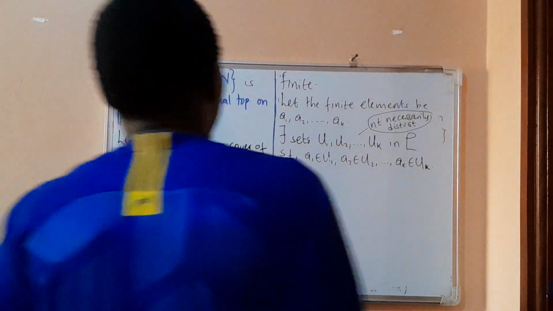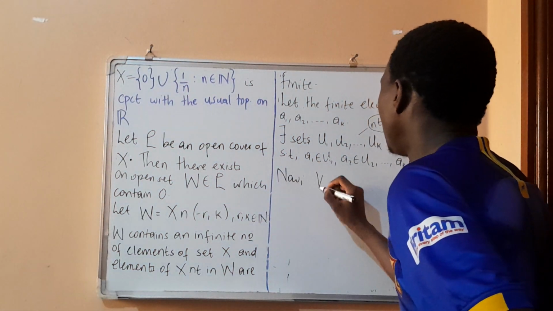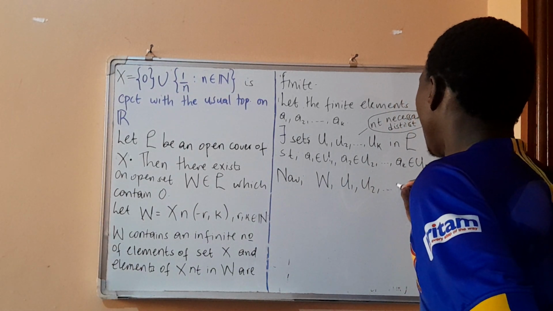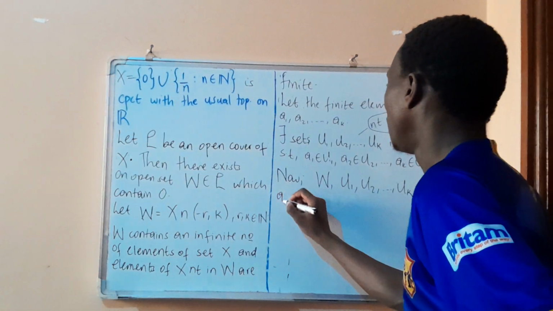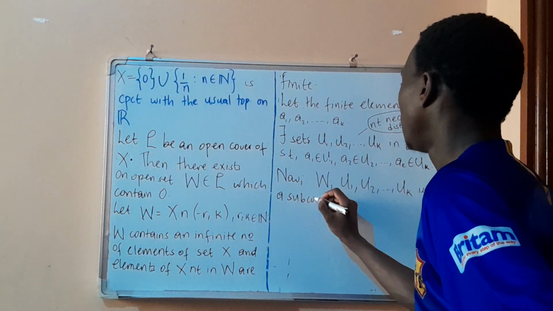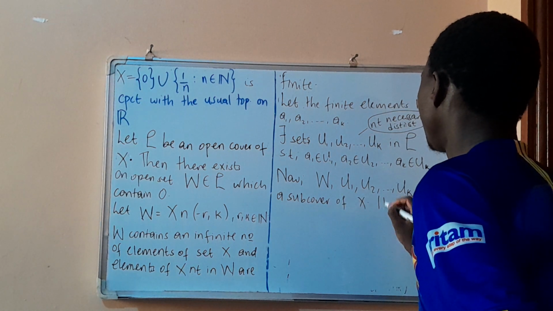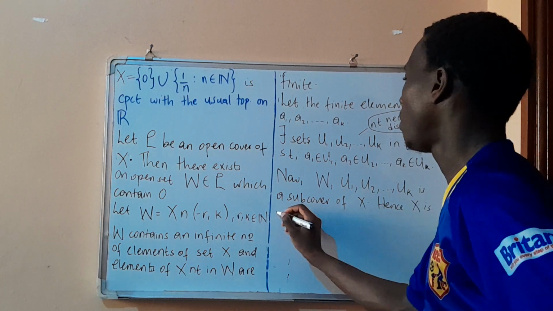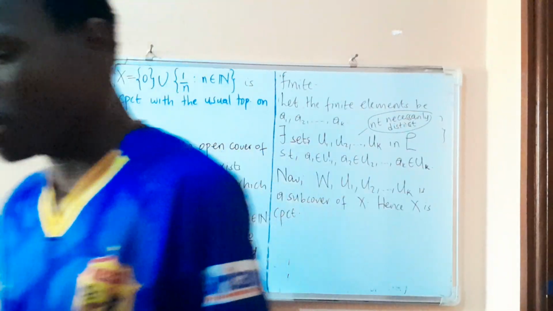Now W, U1, U2 up to UK is a subcover of X. Hence, X is compact.